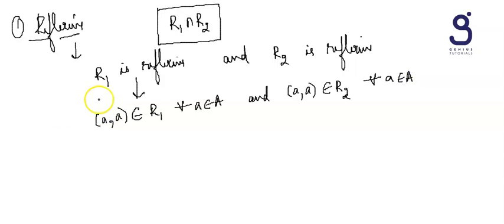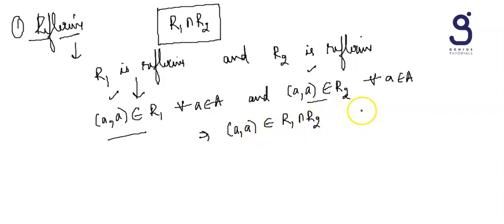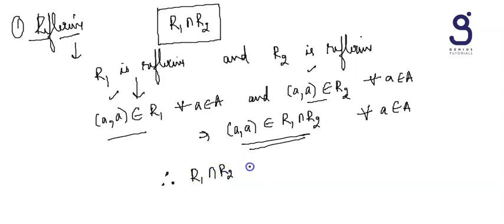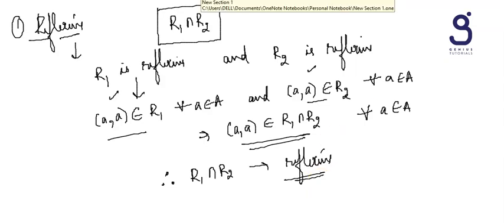Now (a, a) belongs to R1 as well as to R2, so (a, a) should belong to R1 intersection R2, because it lies in both relations. So this will be a common part. So (a, a) belongs to R1 intersection R2 for all values of a belonging to A. Therefore, R1 intersection R2 is reflexive in nature. So we have verified the very first part.